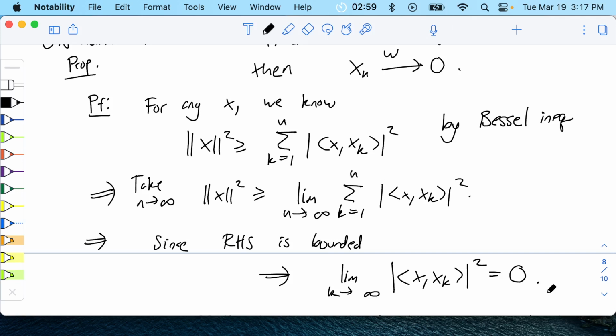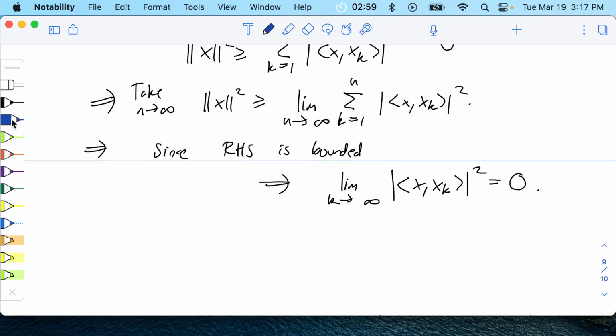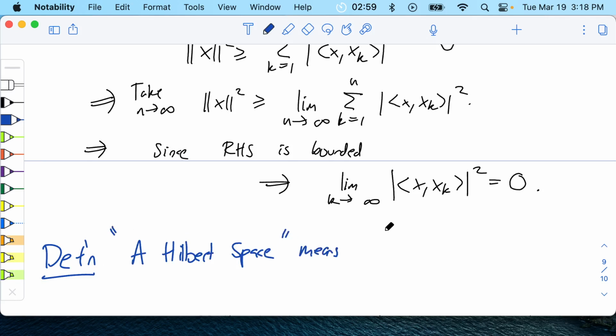Here's the next definition that you must know, and probably has been mentioned already. I've deferred this definition for quite some time, but the definition of a Hilbert space means an inner product space that is complete.